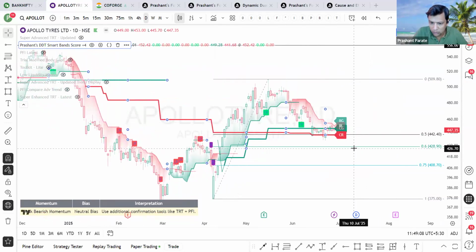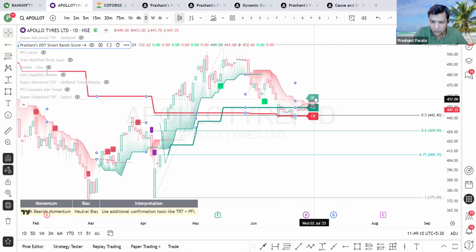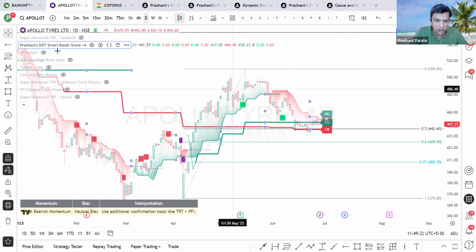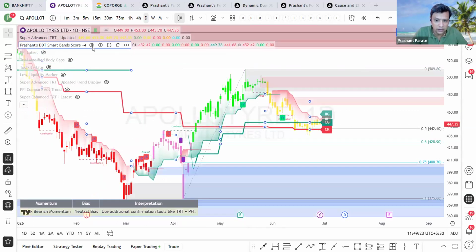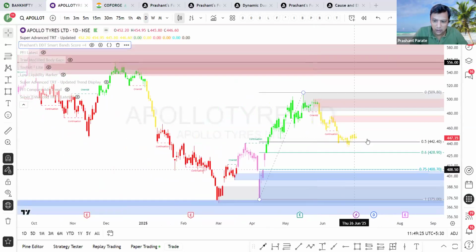Right now, input green is absent, input red is present, price is below. Chart green is present, chart red is also present. So this is early uptrend, just fresh uptrend is starting, and price may come down up to this.